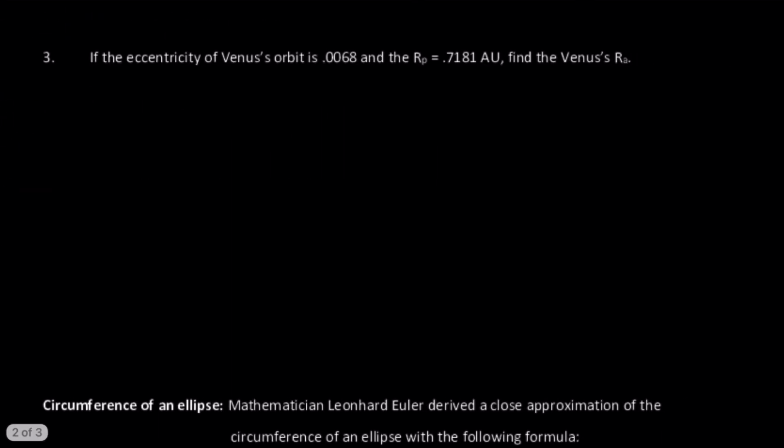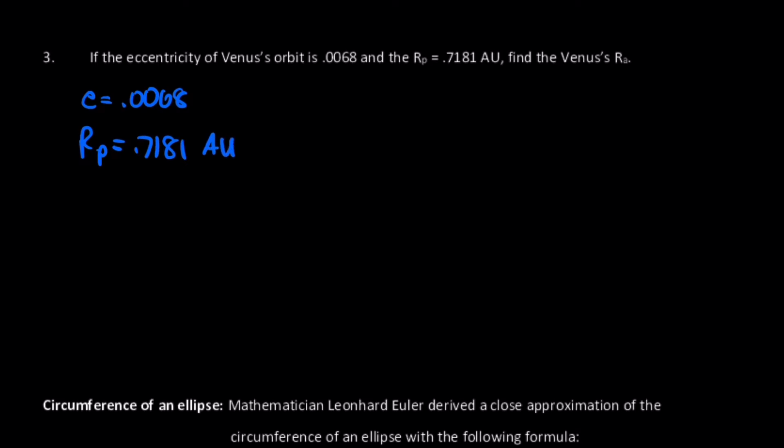Okay. Now, the next question here says, if the eccentricity of Venus's orbit, so your project obviously talks about two different planets, but for this example, we'll talk about Venus. So what do we know? Eccentricity is 0.0068, and the RP is 0.7181 astronomical units.